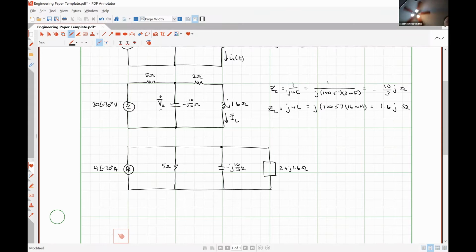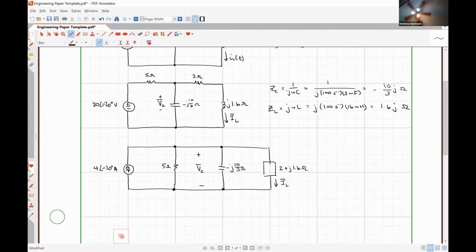So doing a source transformation, this is what we are left with, where this is our current IL, and this is our voltage VC. So we have a single node pair circuit now, which should be fairly easy to analyze.